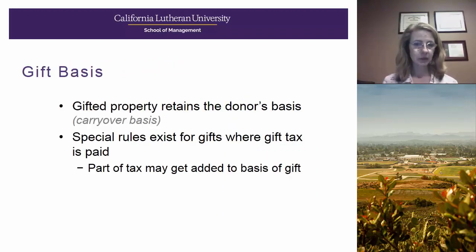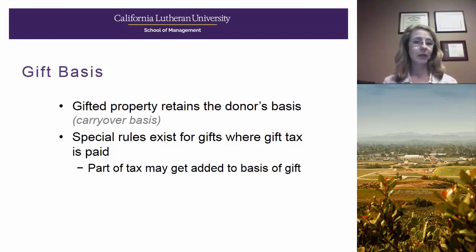As I mentioned previously, gift basis generally is a carryover basis. Whatever the basis of the property in the donor's hands becomes the donee's or the recipient's basis as well. Now, if this gift results in gift tax being paid, then a portion of that gift tax often gets added to the donee's adjusted basis.